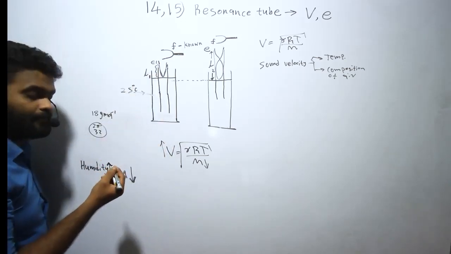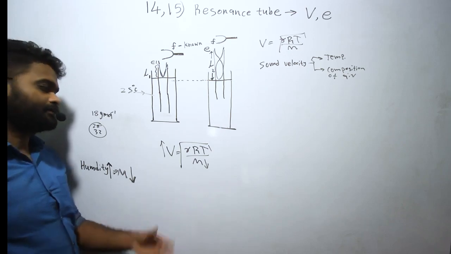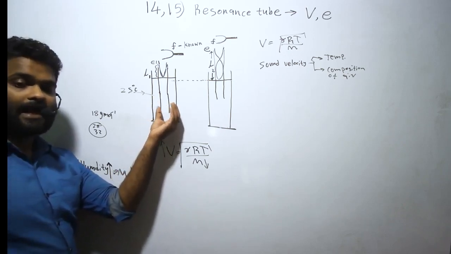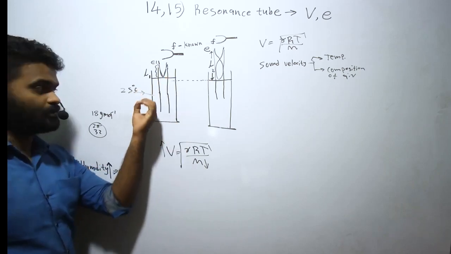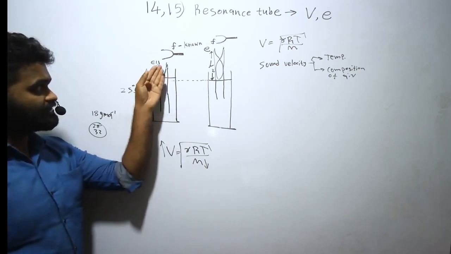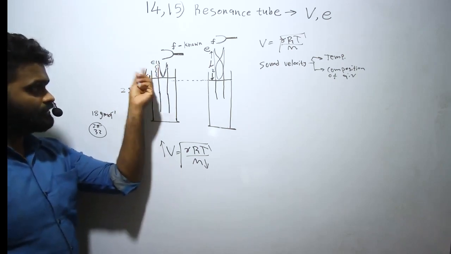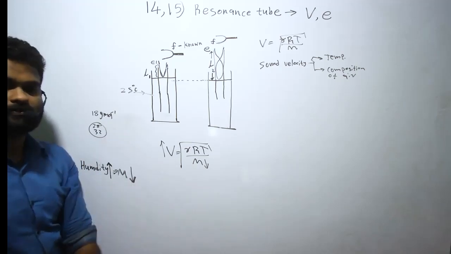So it is an error in this experiment that we cannot prevent, right? If you use a liquid like alcohol, then that error would be more than that, right? Because alcohol is a volatile liquid, it will totally change the composition of air there.